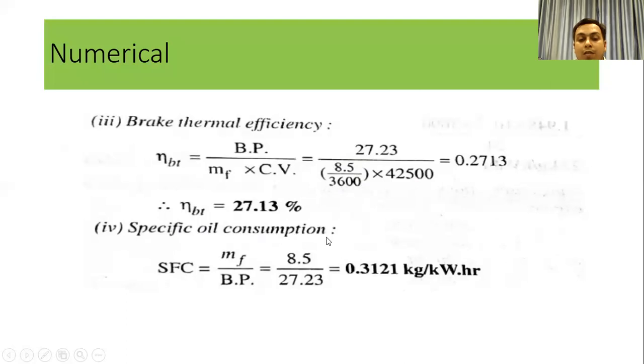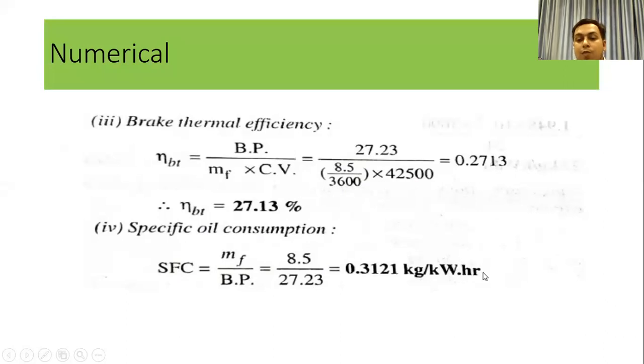Specific fuel consumption, SFC equals mass flow rate of fuel divided by brake power. And here you don't need to convert this 8.5 by dividing by 3600, because the unit is kg per kWh.